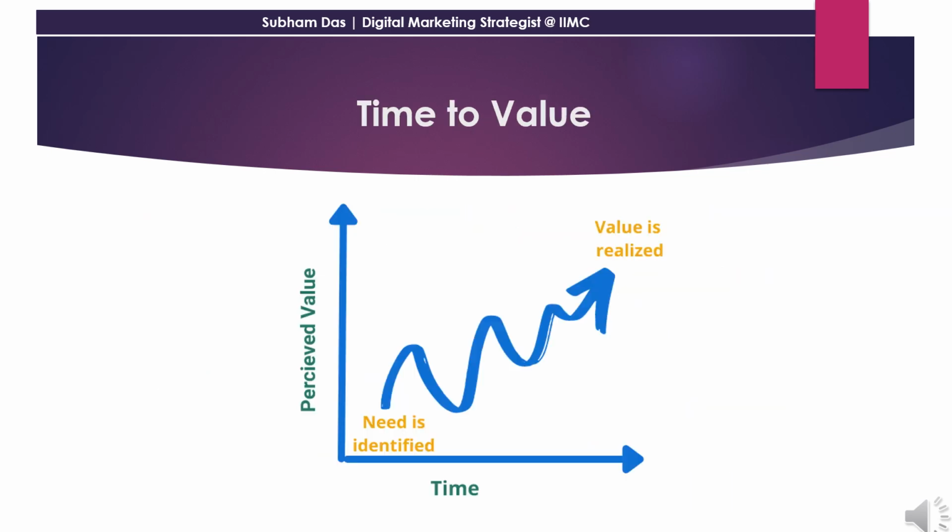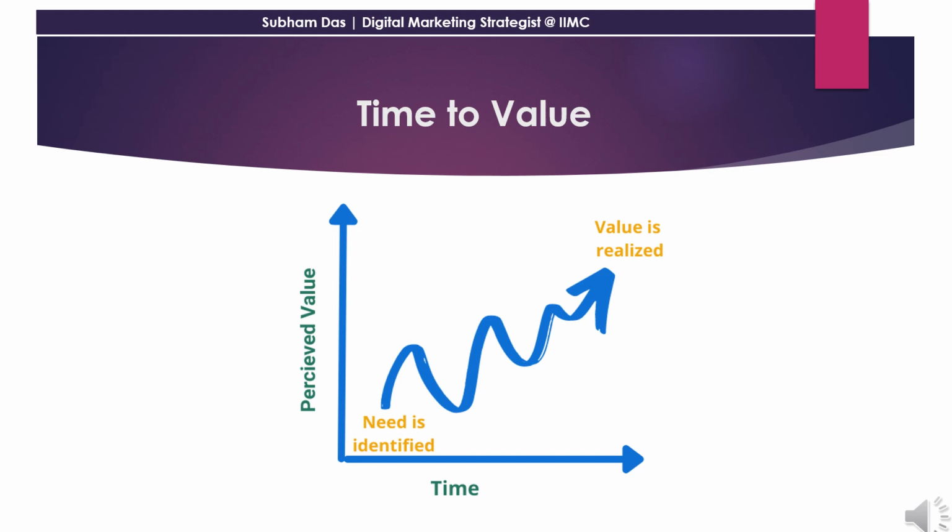This is one of the hidden benefits of inbound marketing: time to value. Time to value is the time taken from realizing that the customer needs something to finally satisfying that need. Time to value needs to be decreased in order to increase the value.